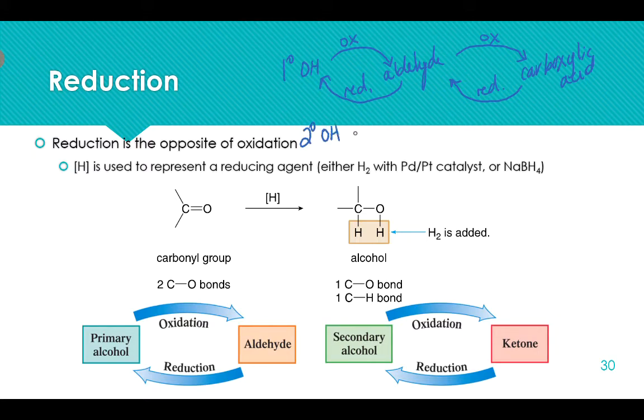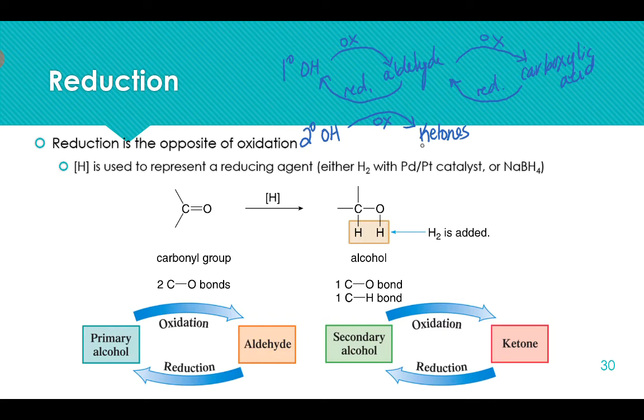Secondary alcohols can be oxidized into ketones. Ketones can't be oxidized. That's not an arrow anymore. Okay.